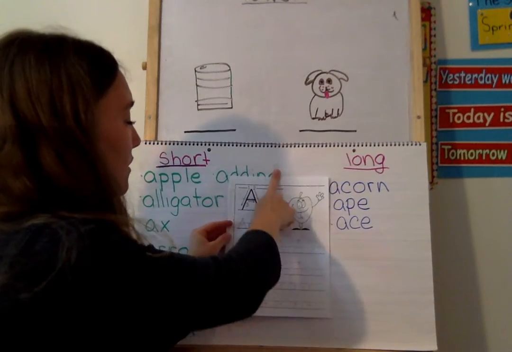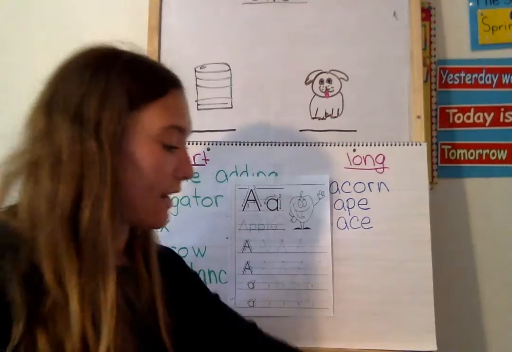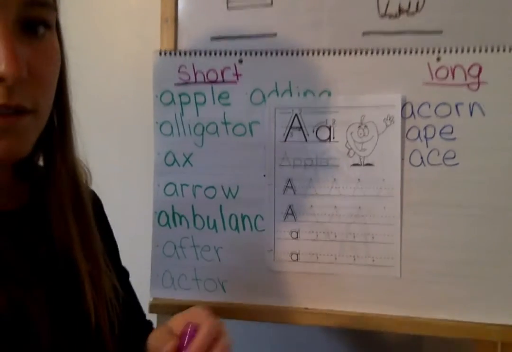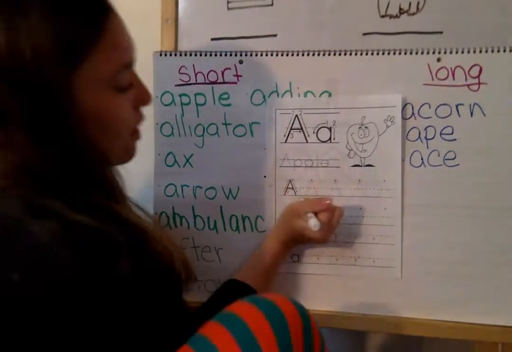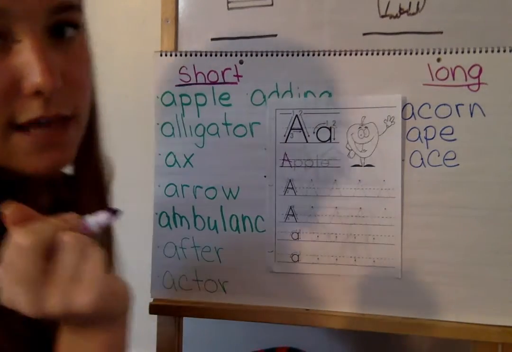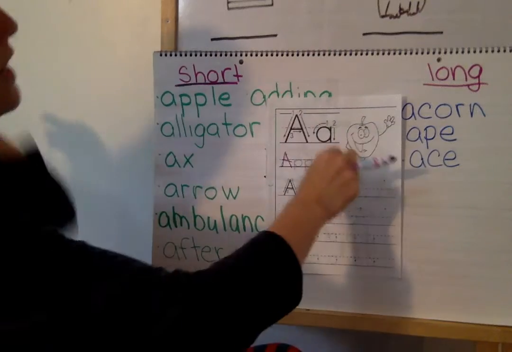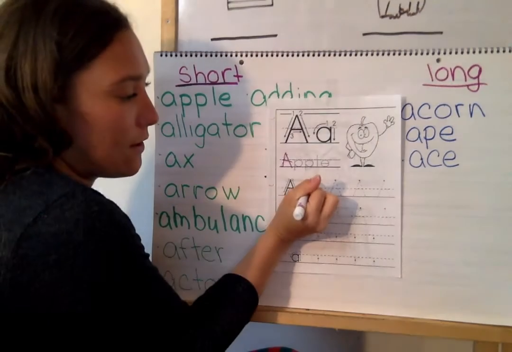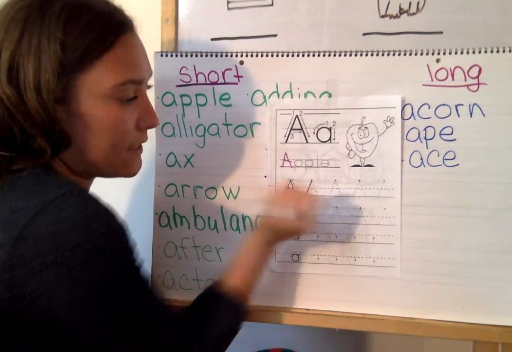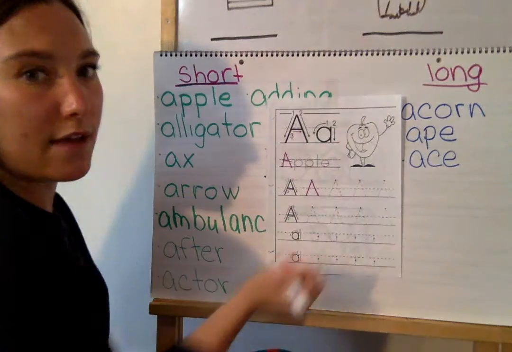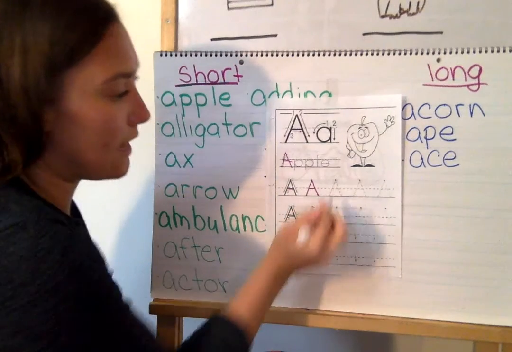All right. So I have my uppercase A right here. Some people like to go up and down and across. I like to do that usually. But another way, the proper way to write it, is you start at the top line, make your line down this way, then make your line going down that way, and then across the dotted line.